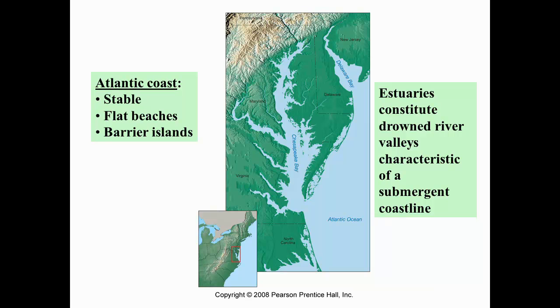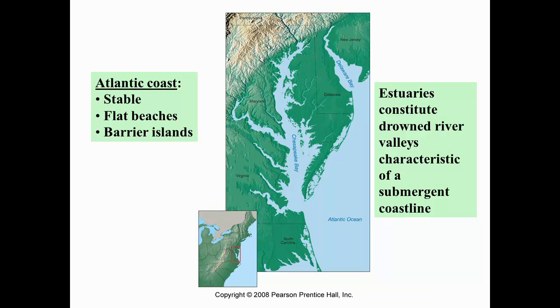The Atlantic coast, for the most part, is characterized as relatively stable, with flat beaches and barrier islands. But again, as sea level rises or the land subsides, the invading waters can then flood river valleys, in which case we get estuaries.